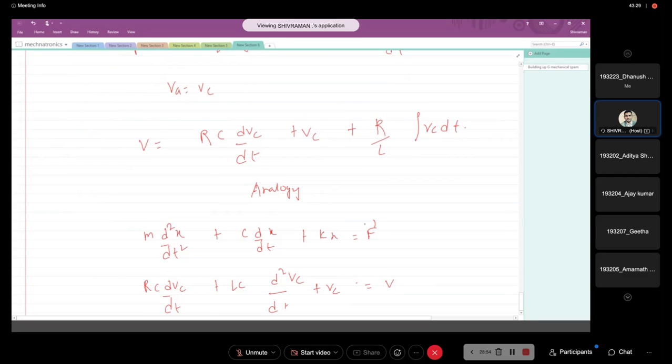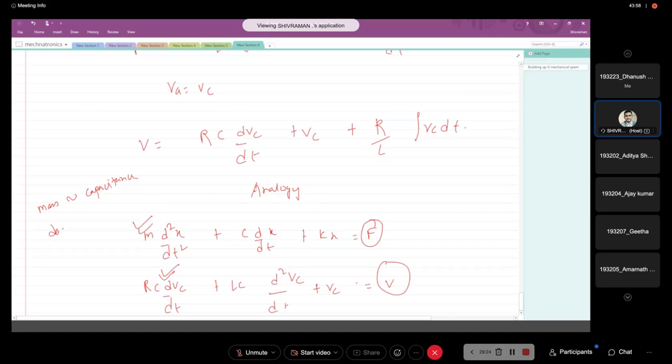So here, if you see both equations, in mechanical system you have force as a driving element. Here you have voltage. Okay, then you have the mass element, which is analogous to capacitance. Then you have a damping element or dashpot, which is analogous to inductance. So your mass element, inertia mass, is analogous to capacitance.